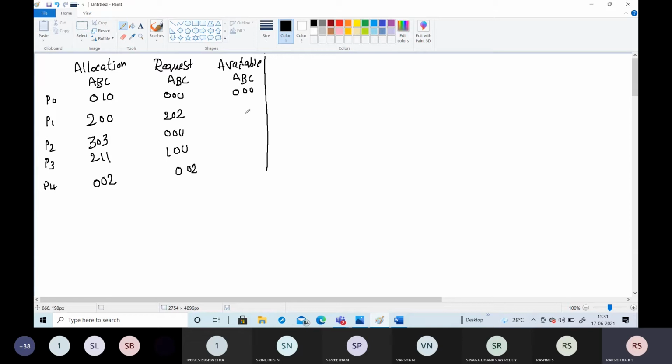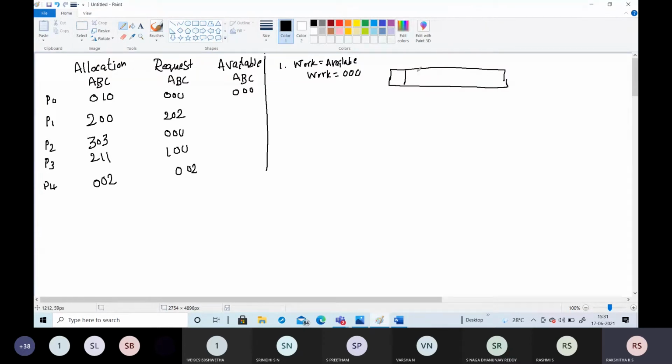Okay, so first, the first step we have to initialize Work equals Available. What is the available value here? It is given, so Work is equals to 0, 0, 0. Initially, all the processes have not completed their tasks, so they are waiting for the resources.